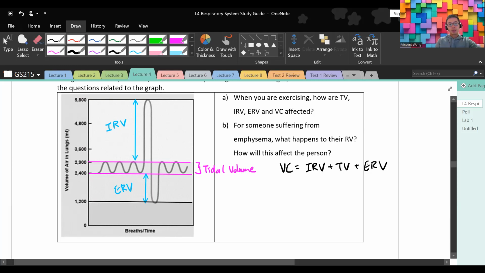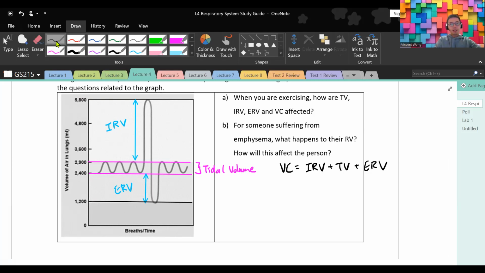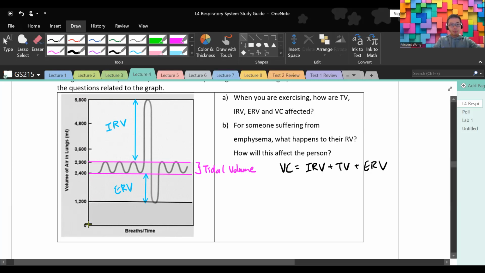That's what it is. So after you breathe out, I said there's still going to be some volume left in your body. This volume here is called the residual volume. And this is sometimes called dead air.